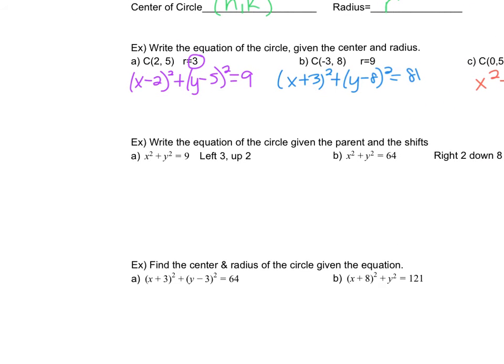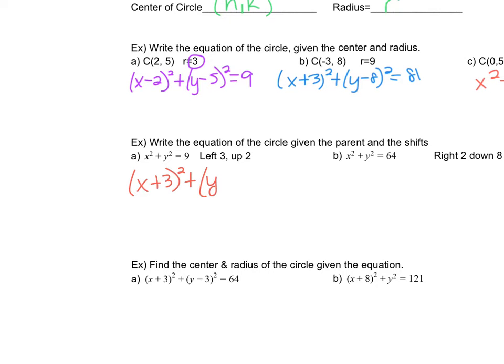Next one, write an equation of the circle given the parent and the shifts. So we're just going to put a new center in is all you're doing. If it's shifted left 3, remember it's the opposite because the formula is negative, so that would be plus 3, just like on our parabolas and our absolute value functions. So (x + 3)^2 plus, if it goes up 2, remember this one's backwards too.